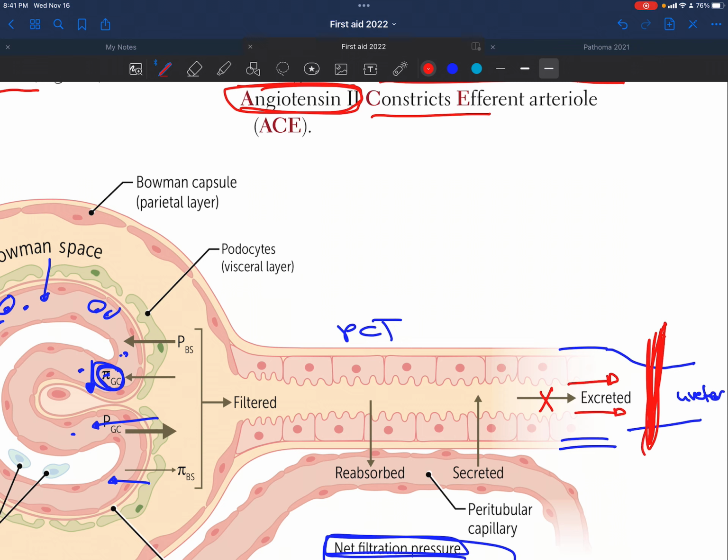It's blocked or constricted at least, okay? Let's say it's constricted. So now it's harder for this urine to flow through a constricted ureter, which is definitely not good. It means urine will back up this way, and that is not normal.